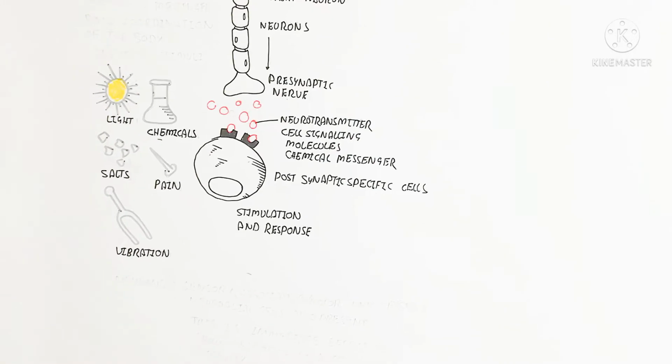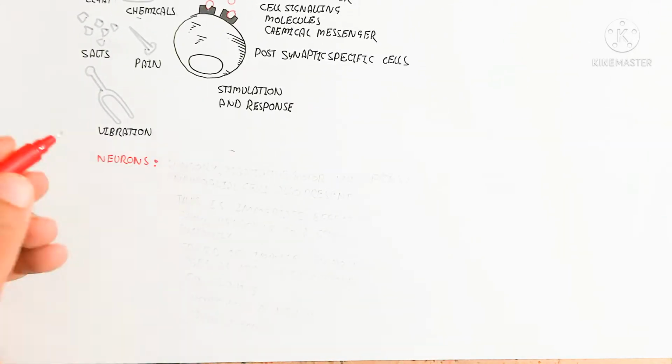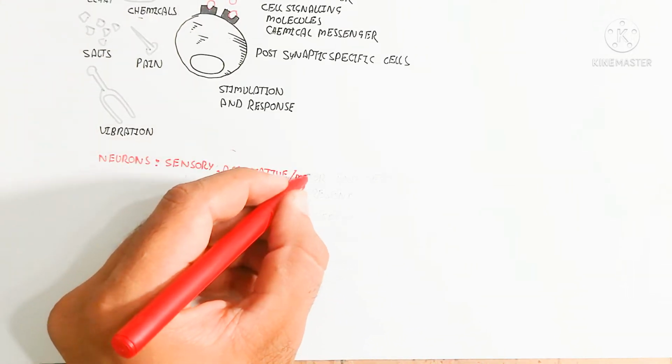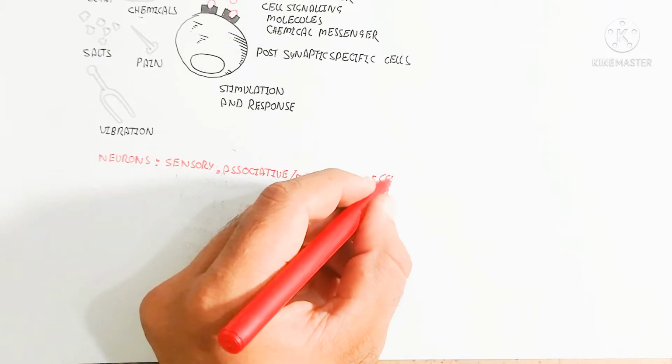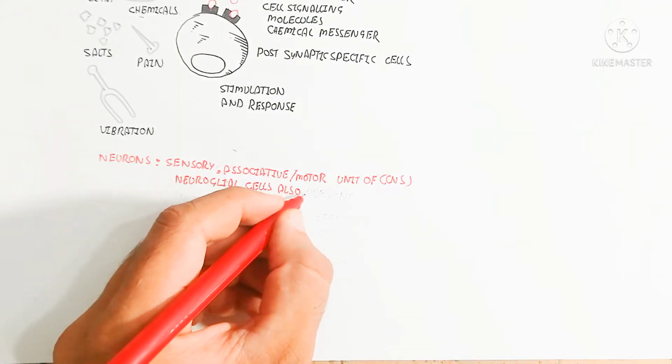The neuron is a sensory, associative and motor unit of the central nervous system. A neuroglial cell is also present, which gives nourishment and support to the nervous system throughout.